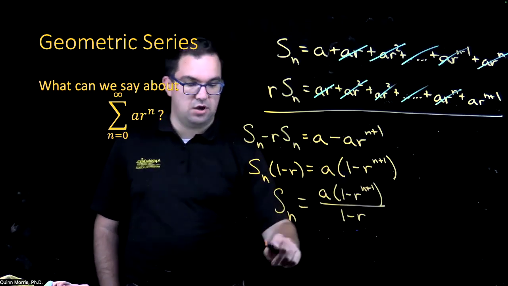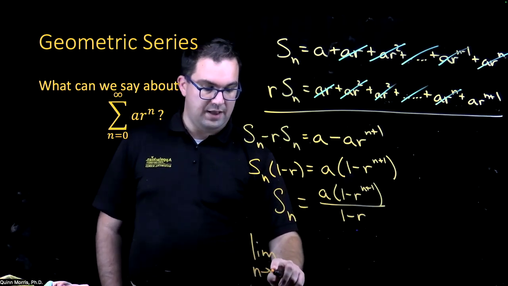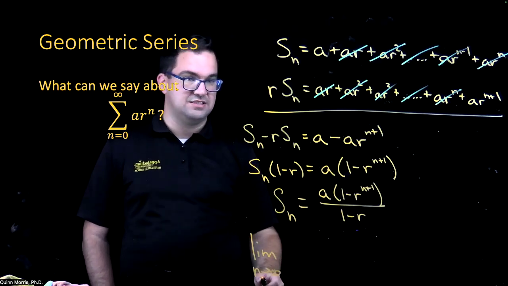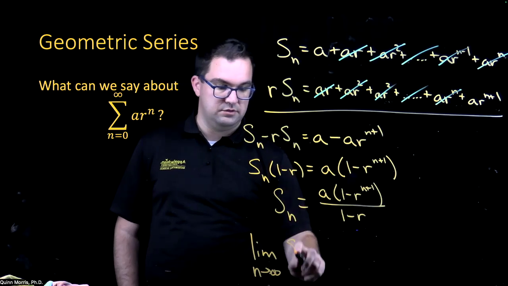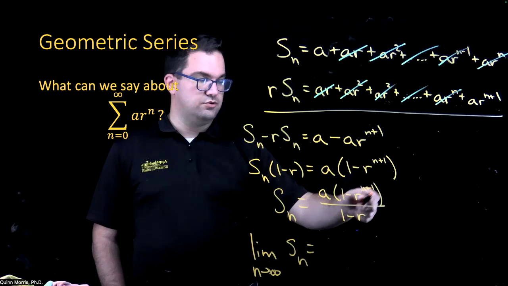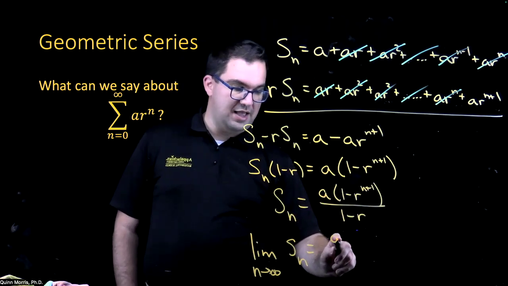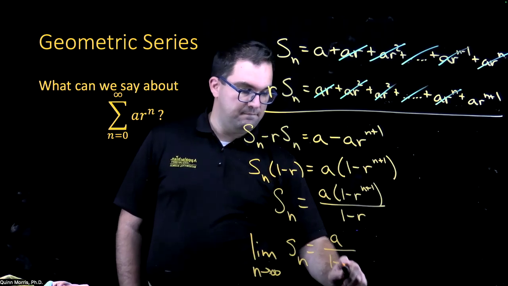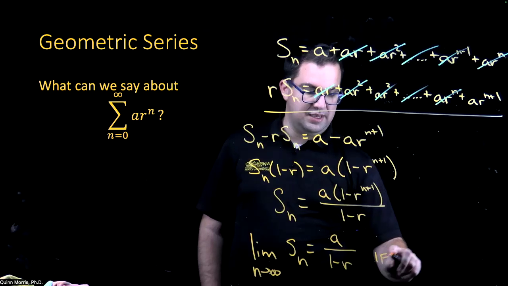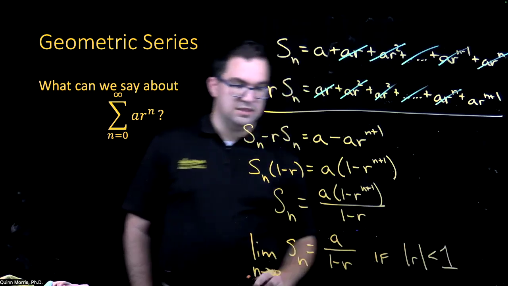So the limit as n goes to infinity, let's deal with the case where r is less than 1 in absolute value. Then as n goes to infinity, that goes to 0. And so you'll be left on the top with just a, and on the bottom with 1 minus r. This is if the absolute value of r is less than 1.